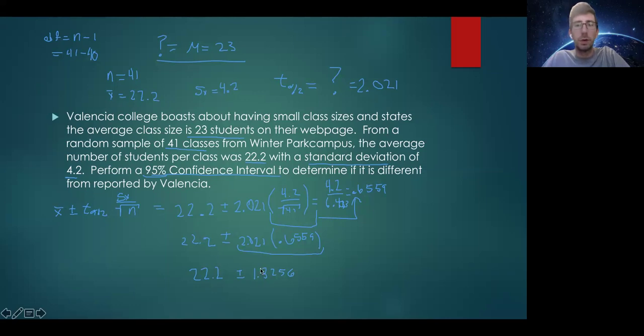The margin of error in this problem is 1.3256. So when we add 22.2 to that, we get 23.53 if you round up.